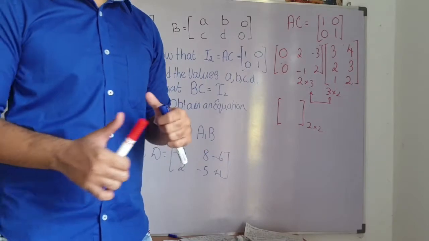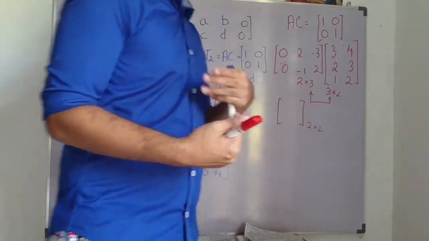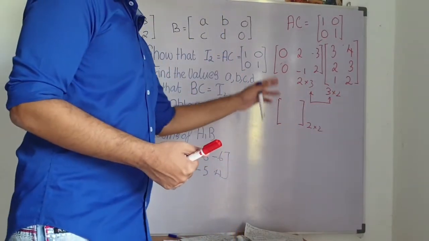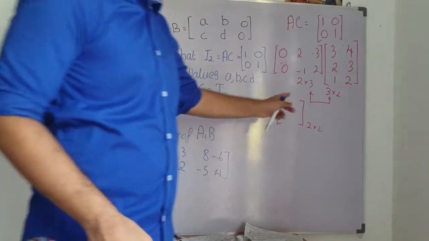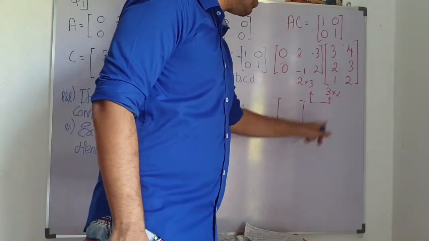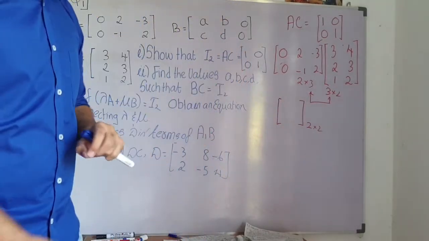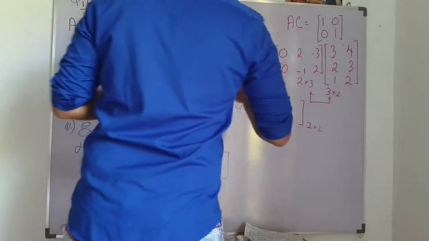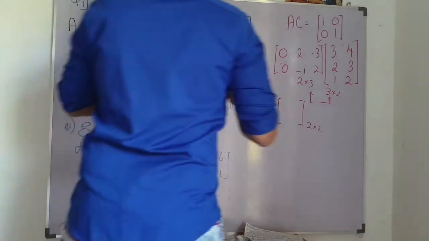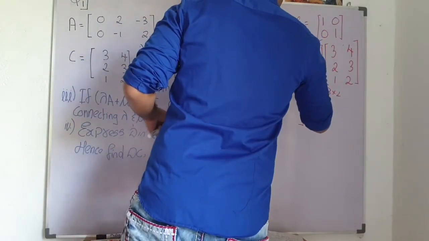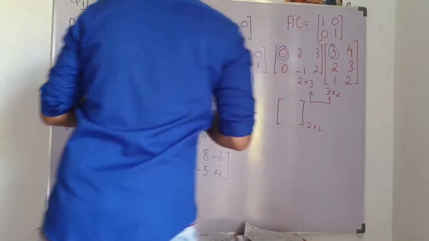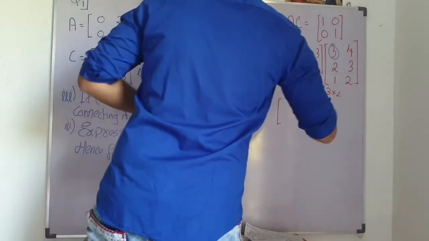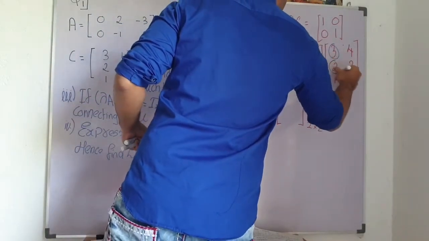The conditions are fulfilled. Now, in order to get an understanding of this, we should understand that there are 2 rows and 2 columns in the multiplied matrix. So now you can see that it's something like this. This part will be multiplied by this part, and this part and this part will be multiplied, and this part and this part will be multiplied.